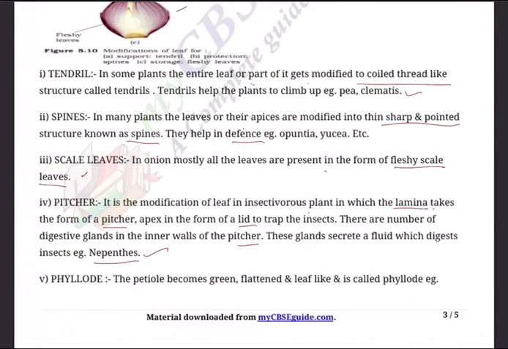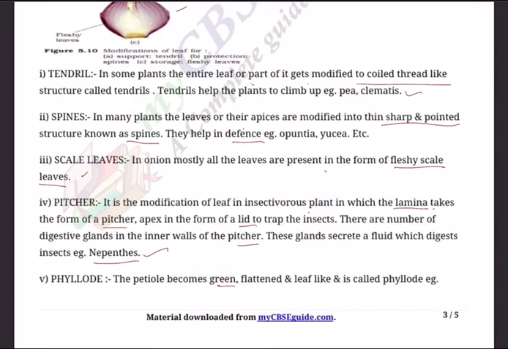Normally, these plants like Nepenthes grow in soil which is deficient in nitrogen. So when it eats the insects, it gets the nitrogen which is not available in the soil. So these insectivorous plants normally grow in nitrogen deficient soils.